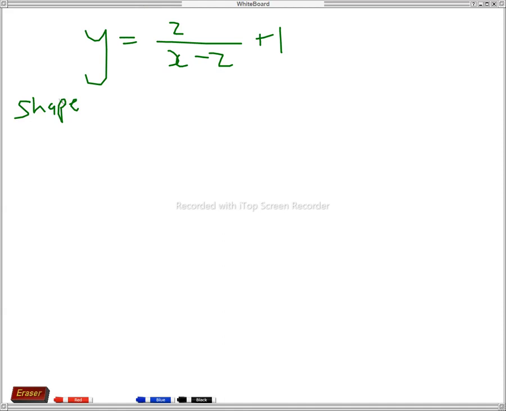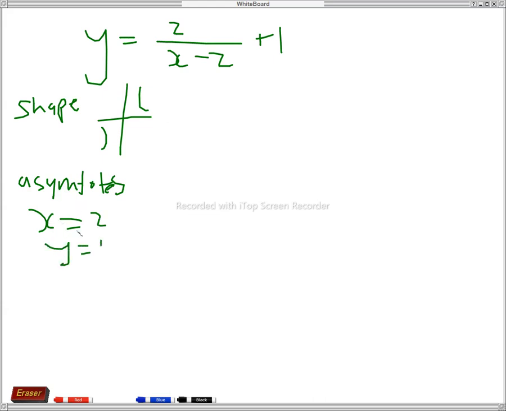My a here is positive, therefore my graph will be in the first quadrant as well as the third quadrant. Let me come to my asymptotes. I'm going to determine them for x and y. My x asymptote is going to be x equals positive 2, and the y asymptote is going to be 1.